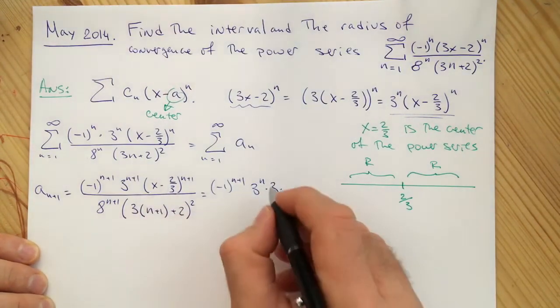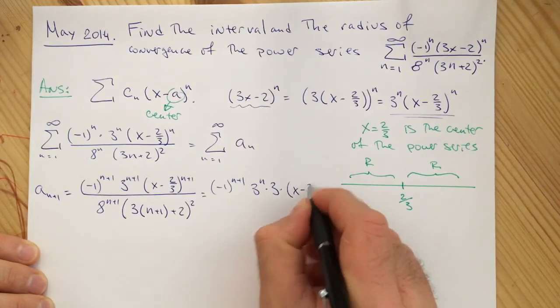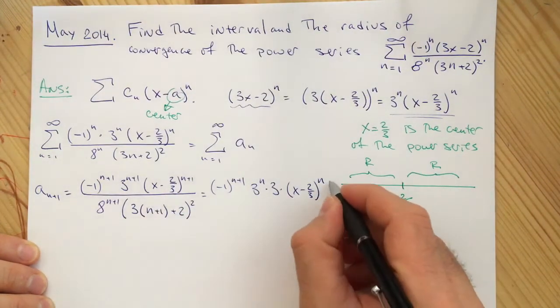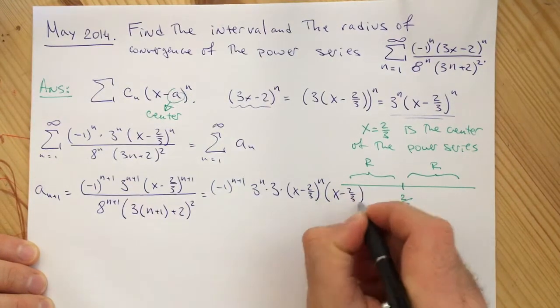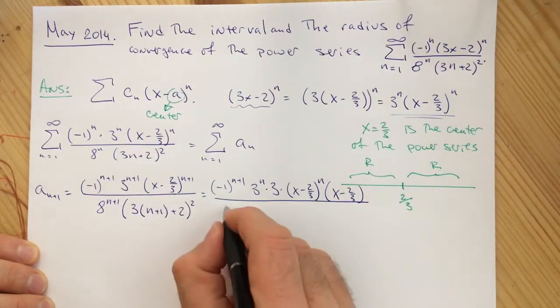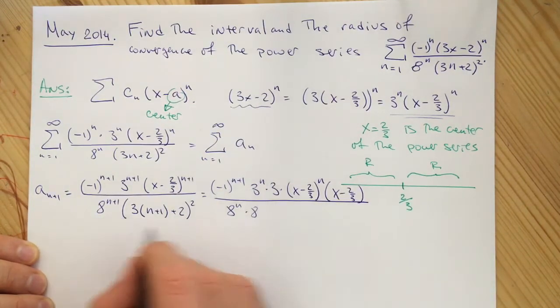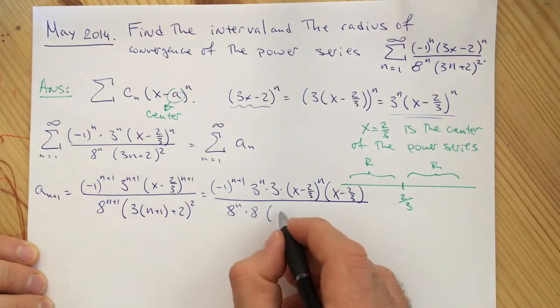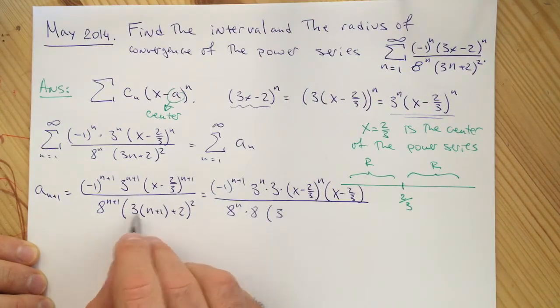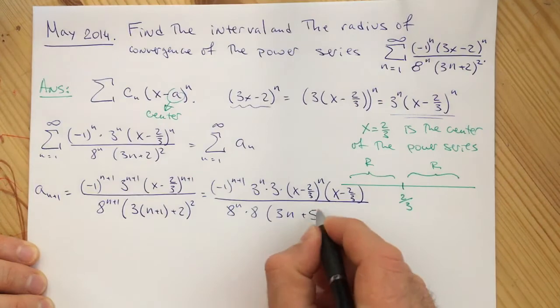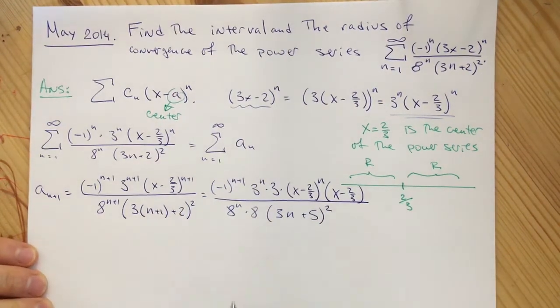Similarly, (x minus 2/3) to the power of n plus 1 is (x minus 2/3) to the power of n times (x minus 2/3), the whole thing divided by 8 to the power of n times 8. And here in the parentheses, what do I have? 3 times n is 3n, plus 3 plus 2, which is 5, squared. So this is my a_(n+1).